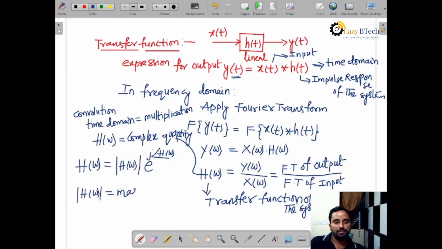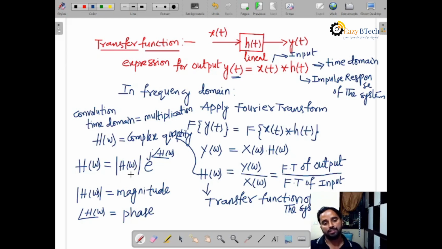This represents magnitude, and angle h of omega represents phase. So h of omega is a complex quantity, and we can write it as magnitude e power j theta.